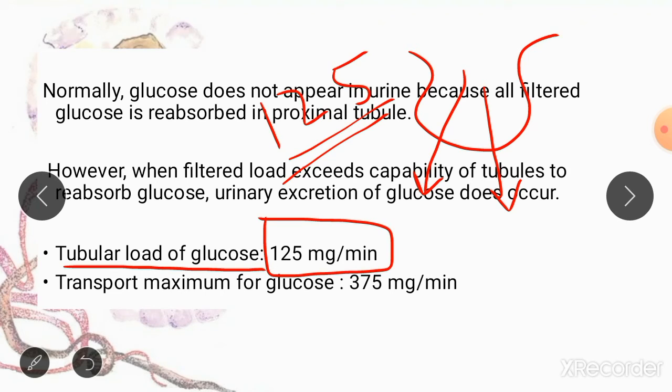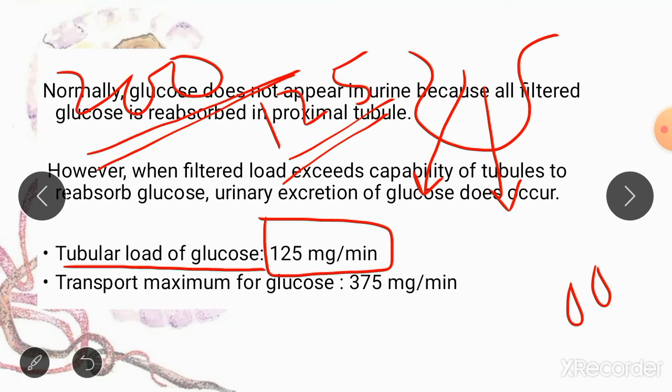But in a person suffering from diabetes mellitus, this tubular load exceeds 125 milligrams, and by the time it increases to 200 milligrams per minute, some glucose starts to appear in the urine, and this is known as the threshold for the excretion of glucose in the urine.